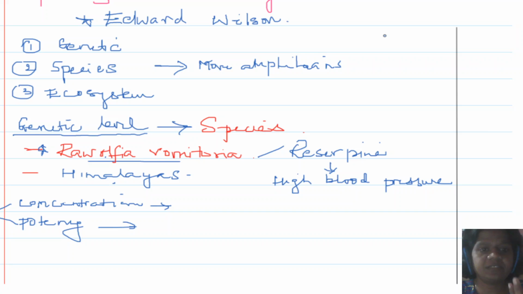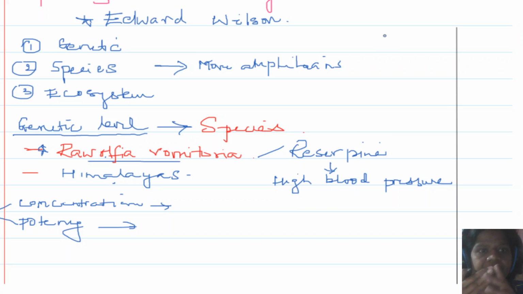Now, at the ecosystem level, you know what an ecosystem is, right? A self sustaining region within a landmass or water body. If you take India as an example, we have different kinds of ecosystems. Starting from the water, we have coral reefs, wetlands, marshes, estuaries, mangroves, deserts, and mountain ranges.